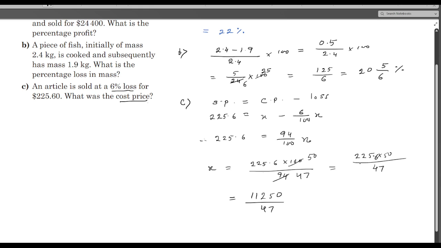So 225.6 times 50 is 11280, and that divided by 47 gives you 240. So what is the cost price? The cost price is $240.